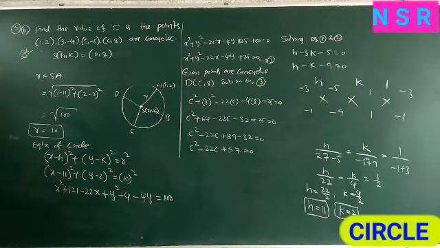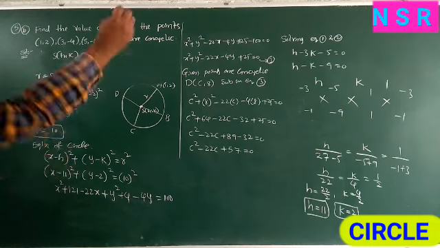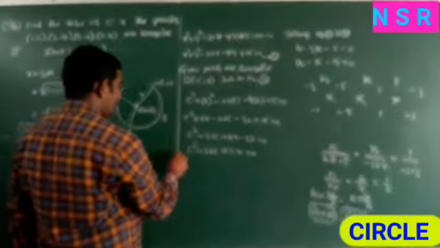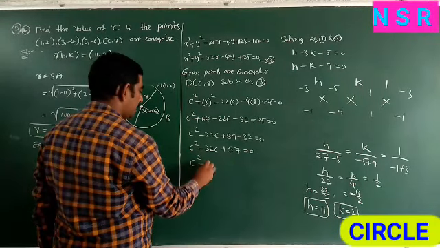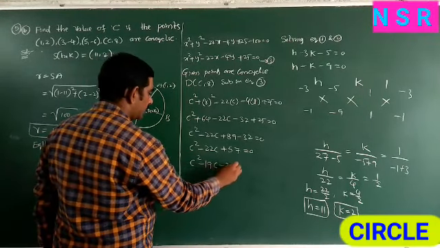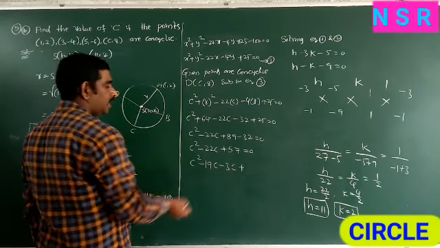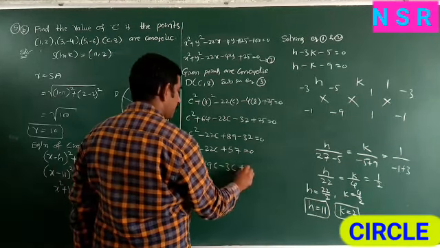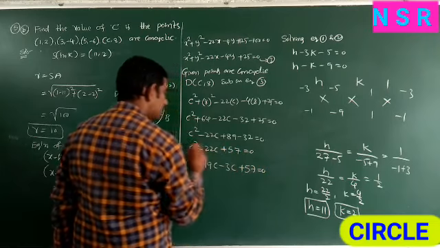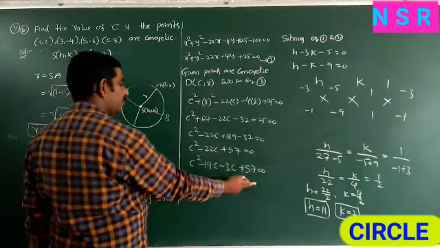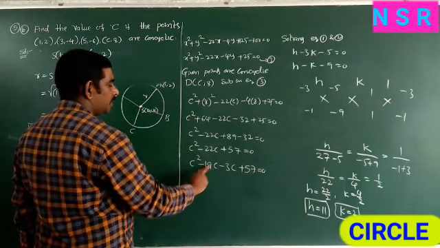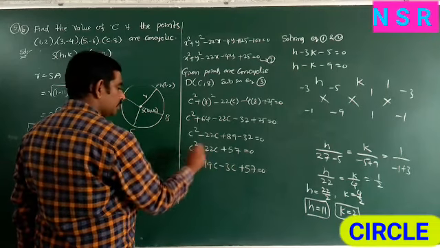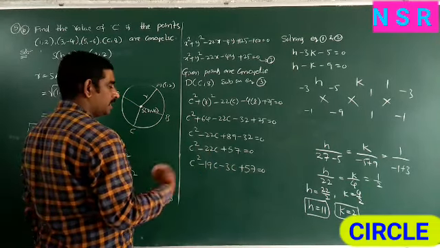It is in the quadratic equation form in terms of c. So this 22c we can write as minus 19c minus 3c. So here 19 3s are 57. So here also 57 is there, 57 into 1 is 57. So minus 19 into minus 3 is 57. So 22c we can write as minus 19 minus 3.